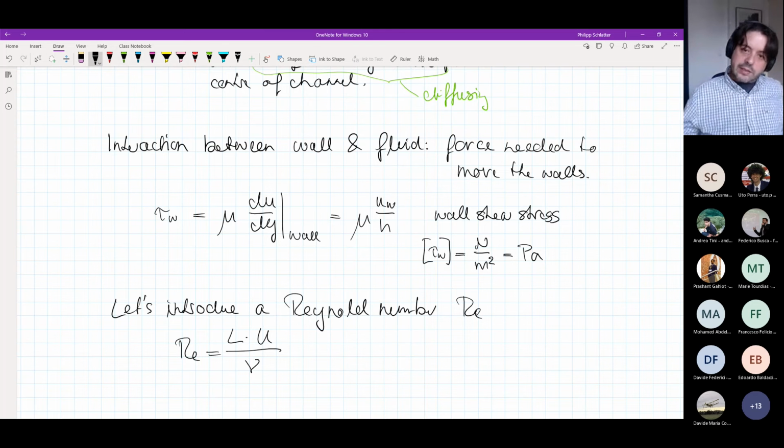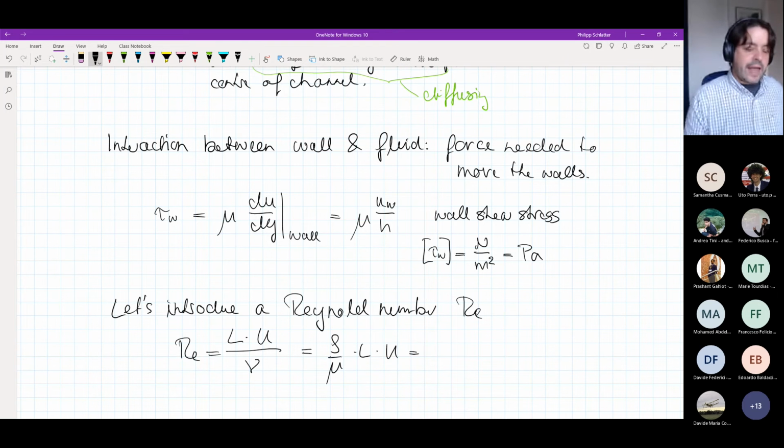As I said, I will discuss later on in more detail what it really means. You know, the ratio of viscous forces divided by advective forces. But for the time being, just think of it as being a length times a velocity divided by the kinematic viscosity. You can of course also write it when you take mu and rho in, so it's rho divided by mu times L times U.